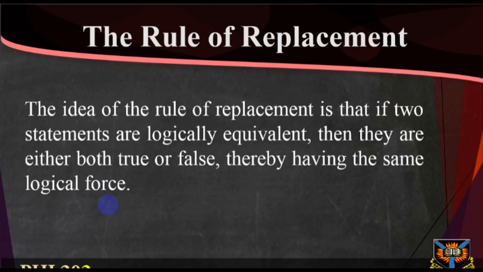(P or (Q and R)) if and only if ((P or Q) and (P or R)). Number 5. Double negation, known as DN. P if and only if not not P.